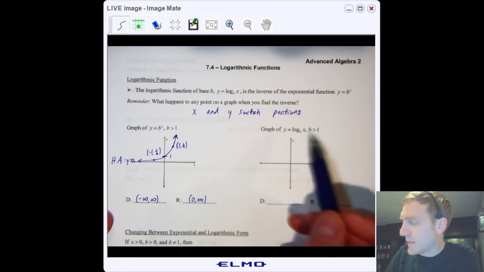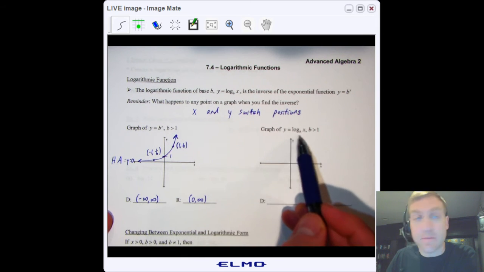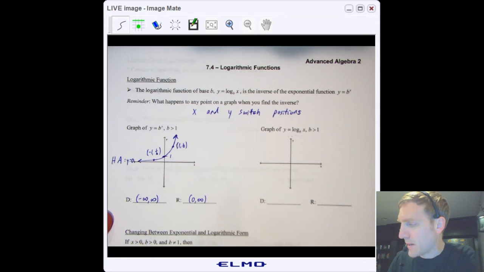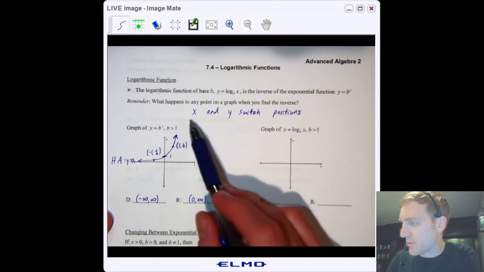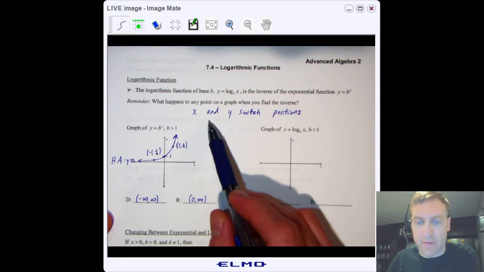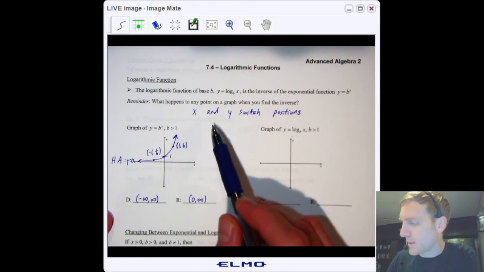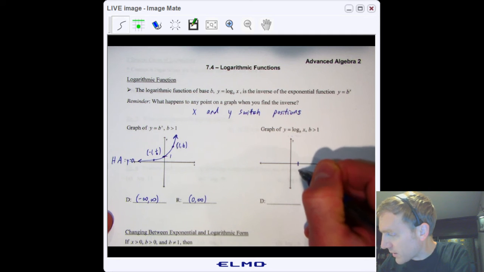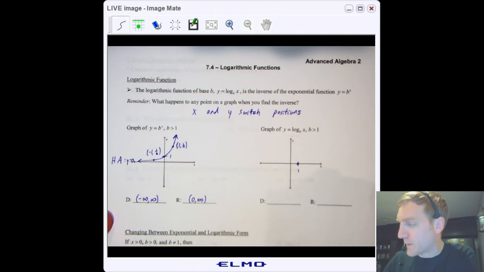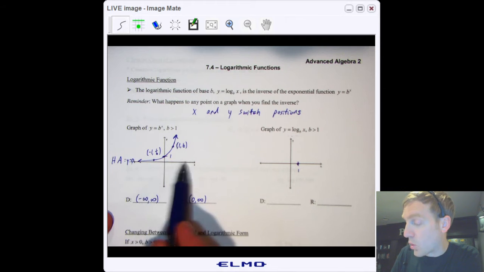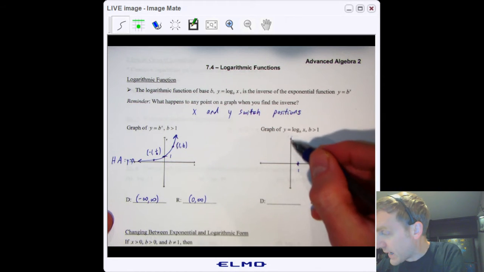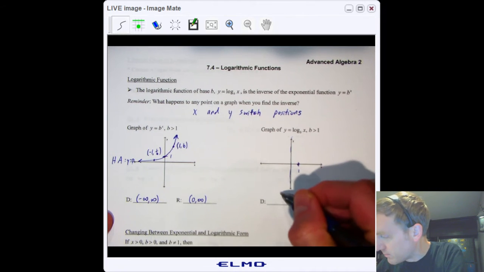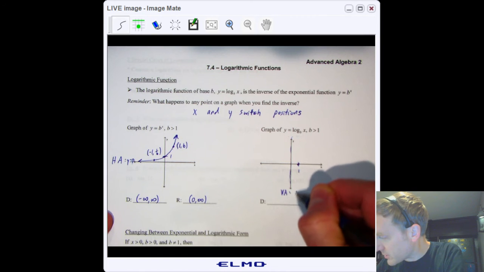Okay, so now let's graph the inverse of that. Let's graph y equals log base b of x. That is the inverse of that function. So what are we going to do? As we said right here, we're going to take every point on the graph, and the x and y switch positions. So instead of having a y-intercept of 1, the log function has an x-intercept of 1. And instead of having a horizontal asymptote at y equals 0, it has a vertical asymptote at x equals 0.